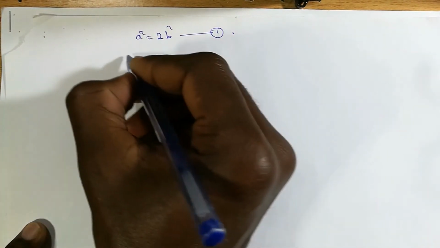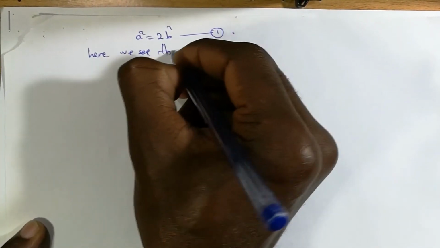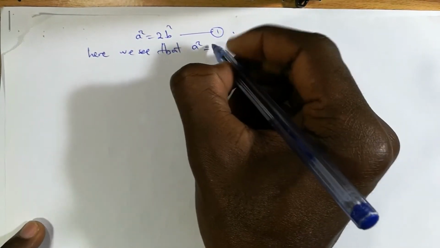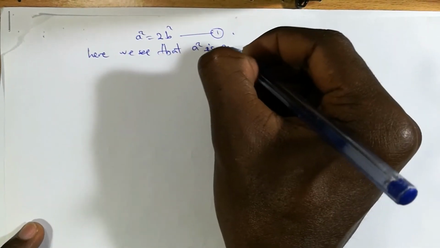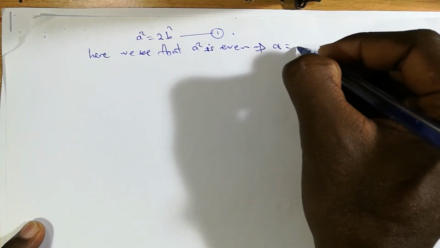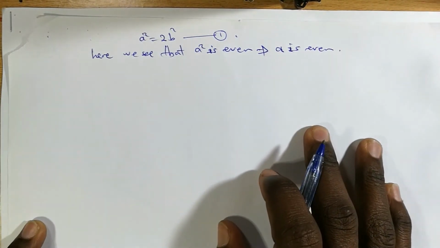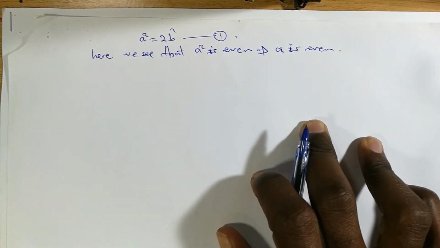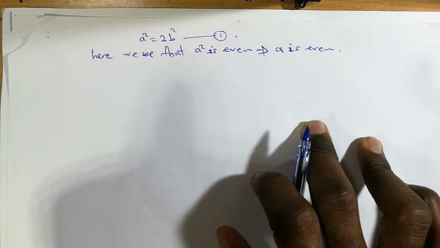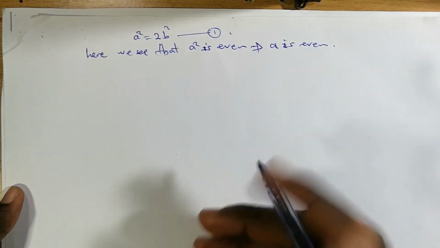So we see that a squared is even, which implies a is even. Why? Because if a squared is an even number, then where it came from, that is its root, is also even. That's the simple thing I can say about that.